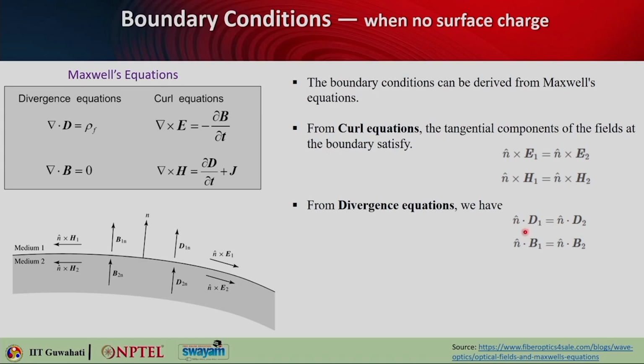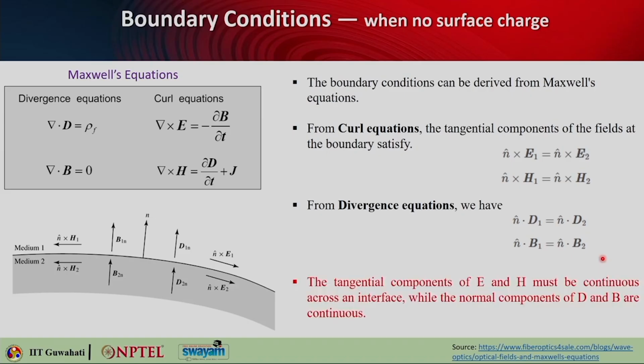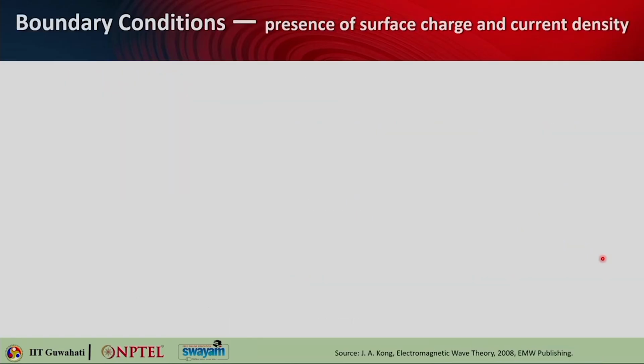It means the normal component of the electric displacement field should be continuous. Similarly, the normal component of the magnetic flux density should also be continuous. This is the summary of the boundary conditions that you can derive from Maxwell's equations when there is no surface charge.